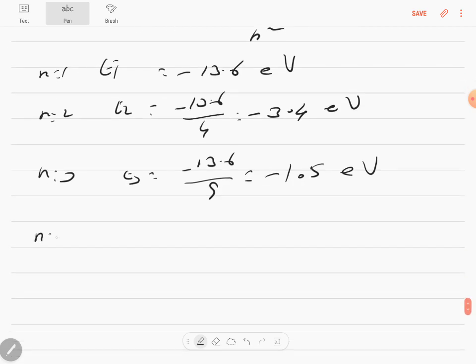n equal to 4 is minus 13.6 by 16. What will that value be?